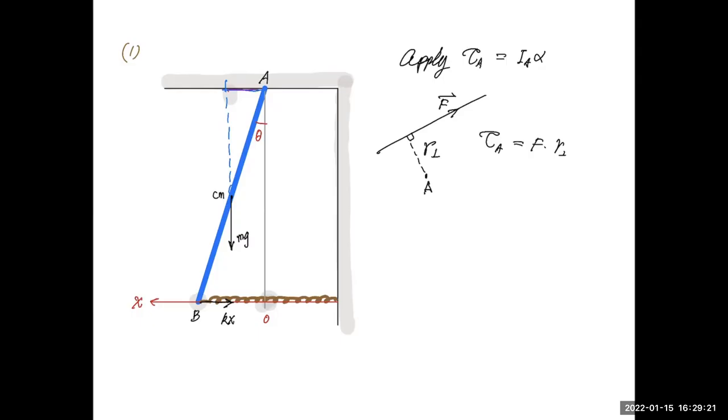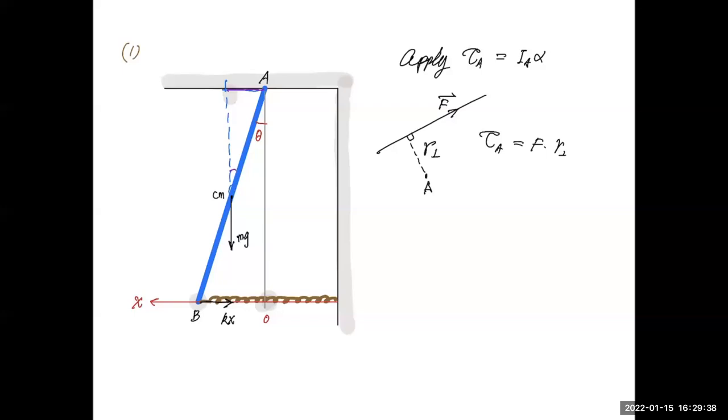That purple distance is the lever arm of the torque provided by mg at point A. And we know what that force is. The lever arm is half of L times sine theta, right?